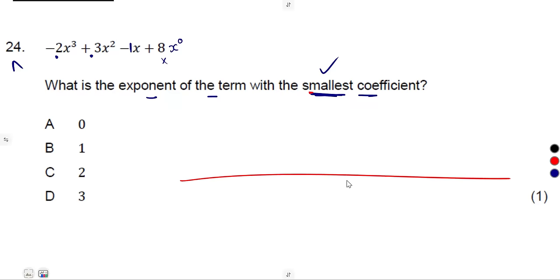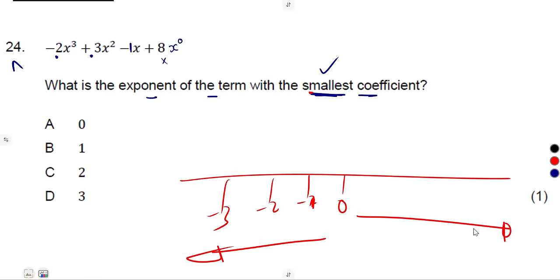From your number line, there is 0 here, -1, -2, -3. As you go to the far left, the lesser the values are. As you go to the right, the bigger the values are. So -2 compared to -1, -2 is smaller. Of all these, it is the smallest because this one is +3 and +8.